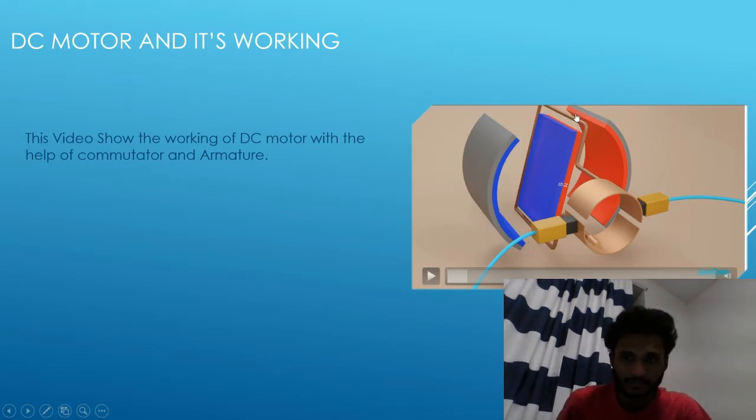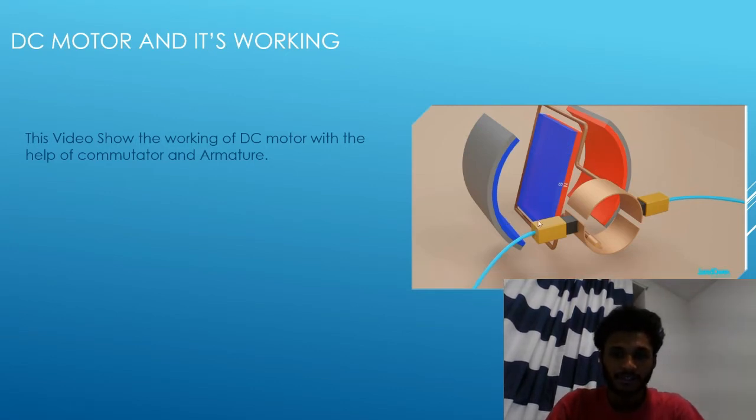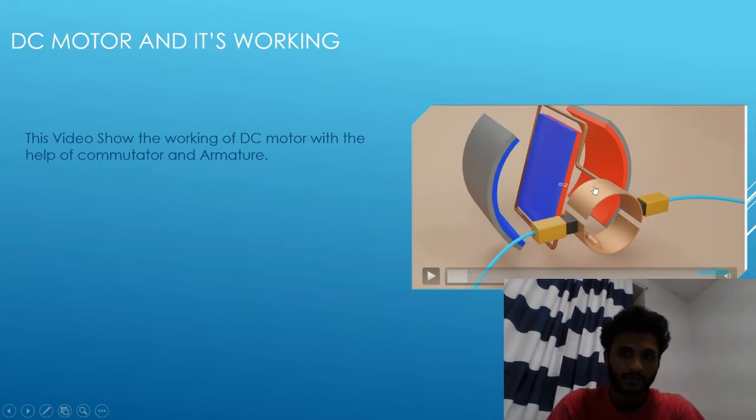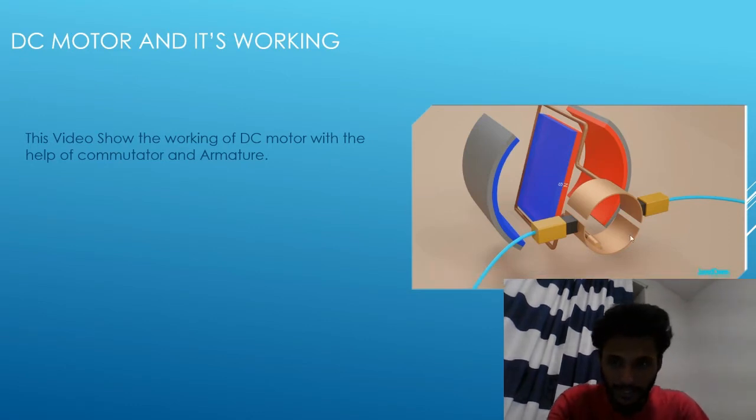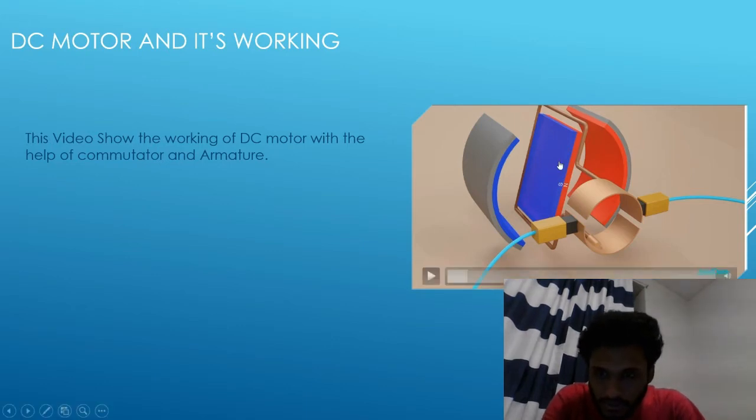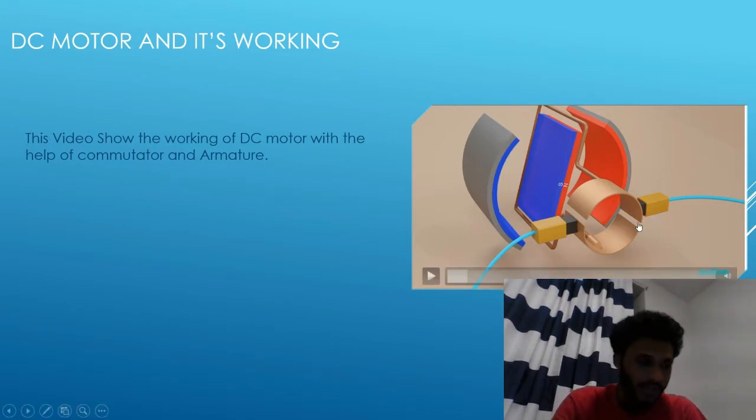This is the armature. Whenever current passes through the springs, the armature rotates. And this is the commutator. The main use of the commutator is that it is a ring with gaps in it. Here we can see the gaps, and they are on opposite sides.